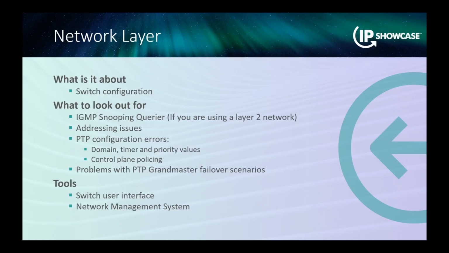If you don't have one, your streams will work for 30 seconds and then they will go away. So if you have a layer 2 network and experience the issue that your streams seem fine for 30 seconds and then they go away, you're missing the IGMP Querier.